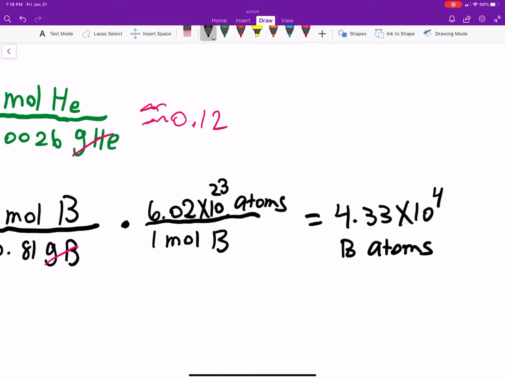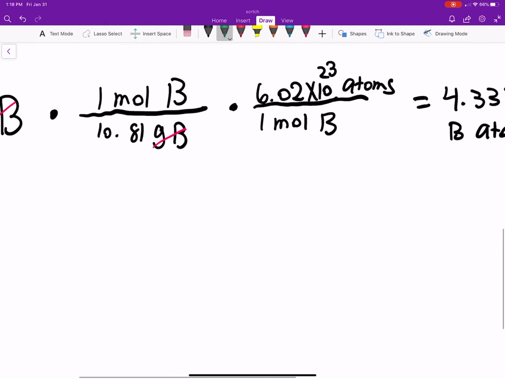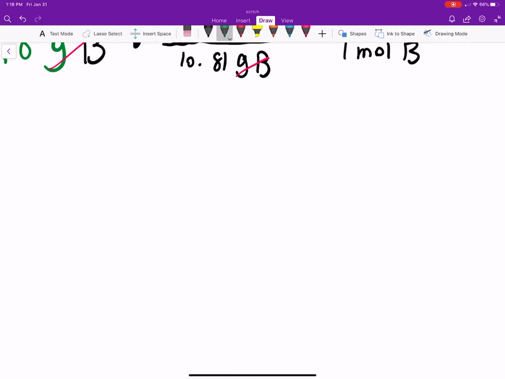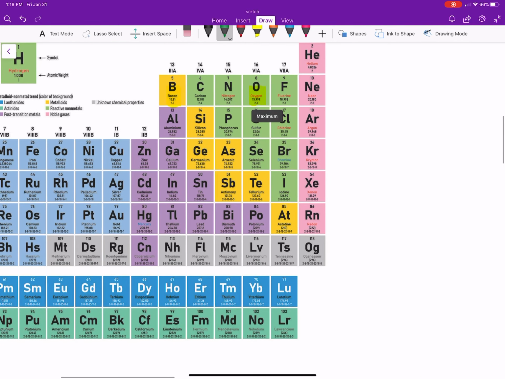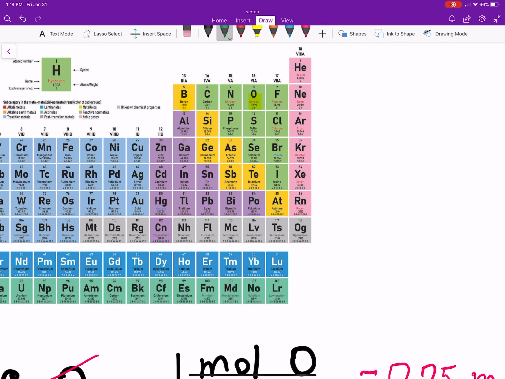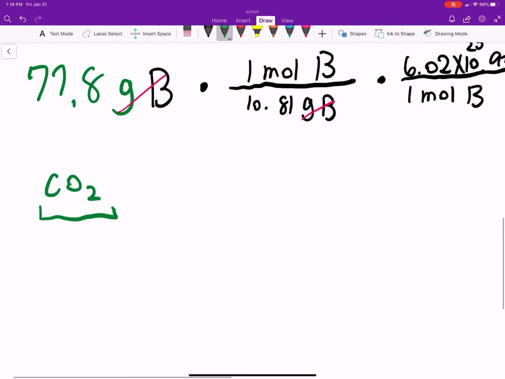Okay. Hopefully that kind of makes sense. I want to do another example of molar mass. Let's say we had a molecule. We'll just do CO2, carbon dioxide. What is the molar mass of this molecule? Well, carbon, there's just a 1, so we don't have to worry about that. We see carbon, if we go up here, is 12.011, and then oxygen is about 16, right?